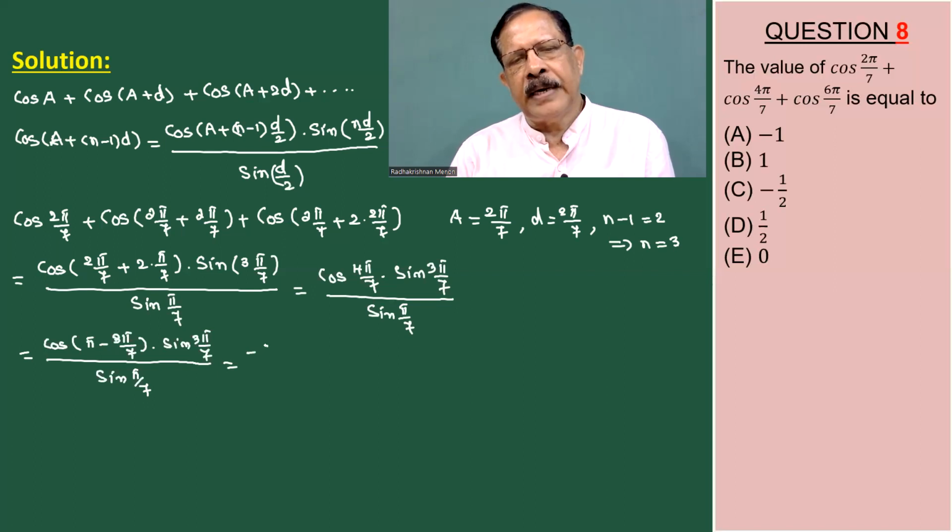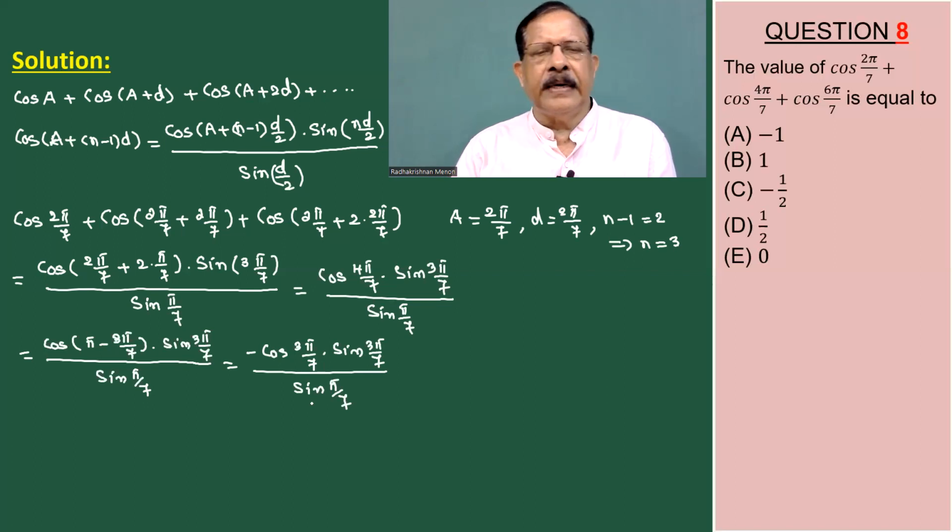So it is −cos(3π/7) · sin(3π/7) divided by sin(π/7).